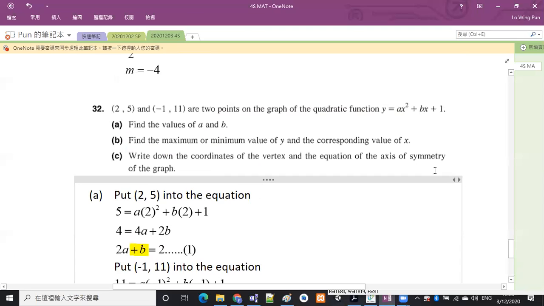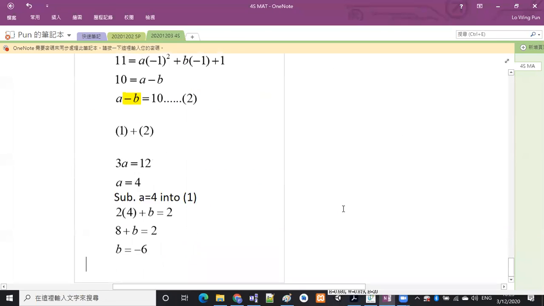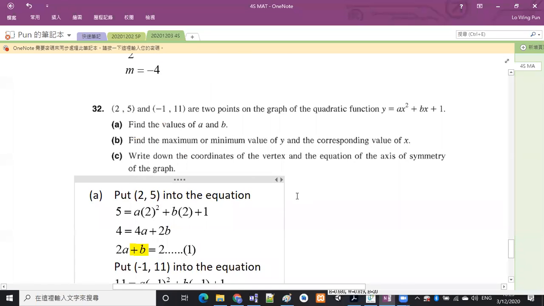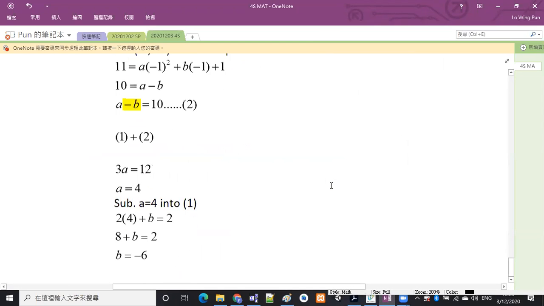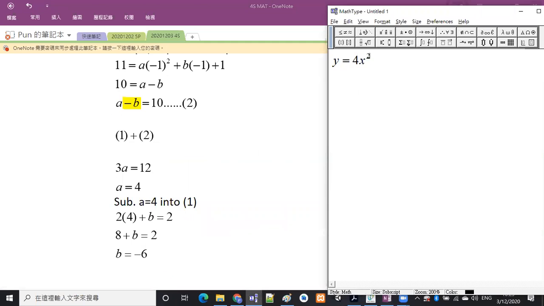I just write down the complete information of the function here. So y is equal to ax squared plus bx plus 1, that is 4x squared minus 6x plus 1.